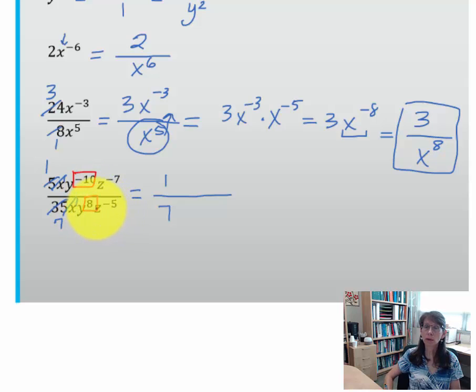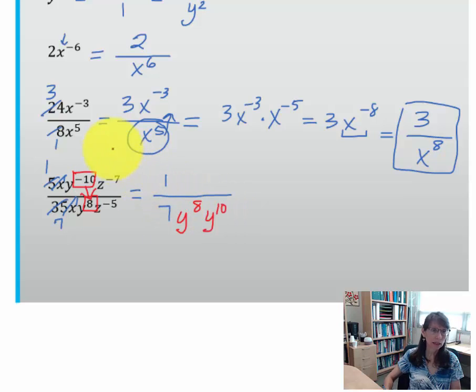And whichever one of those is the smaller number, that is the term that needs to shift so that my final answer will have a positive exponent. Negative 10 is the smaller. So negative 10 is going to shift down. So I'm keeping my y to the 8th that was already there, and joining that will be y to the positive 10.